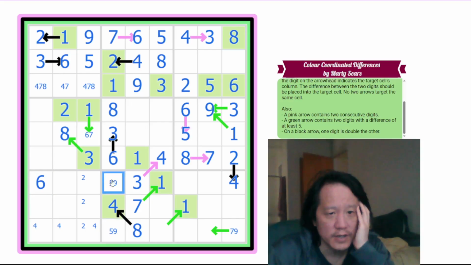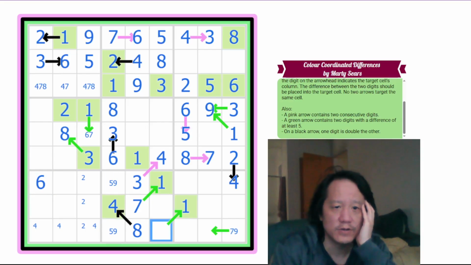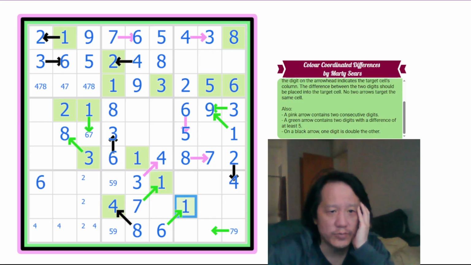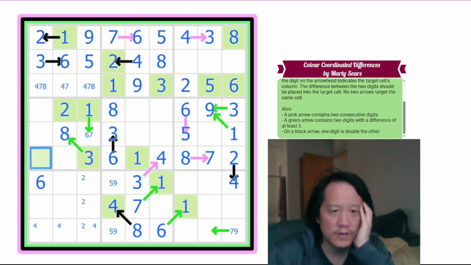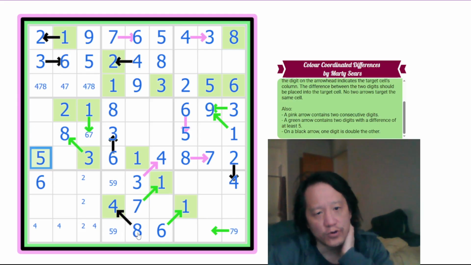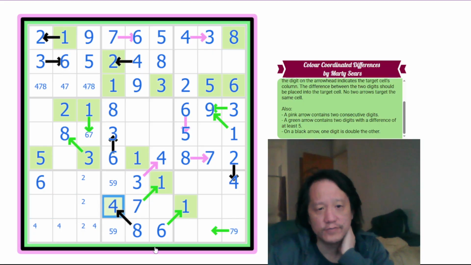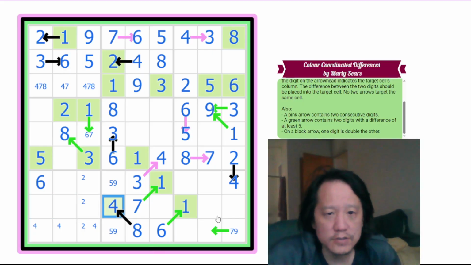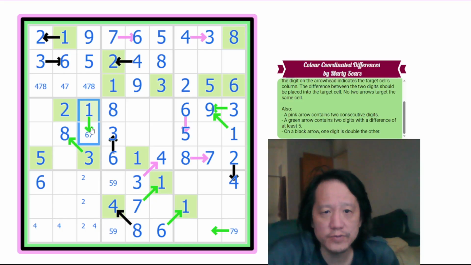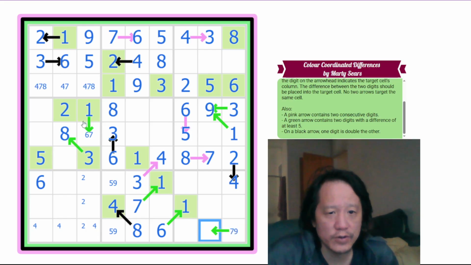This cannot be 9, 1. This has to be 6, 1 here. So 6 and 1 pointing to 5. And then we have 8 and 4 pointing to 4. So we still have this one and this one. Okay.